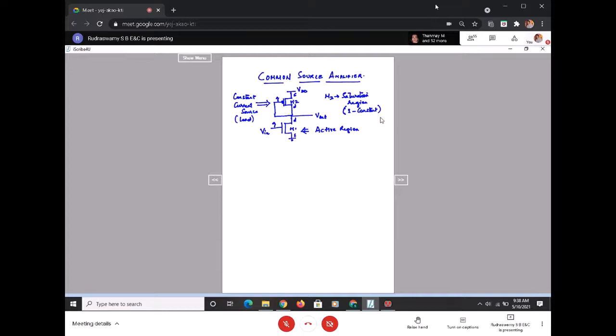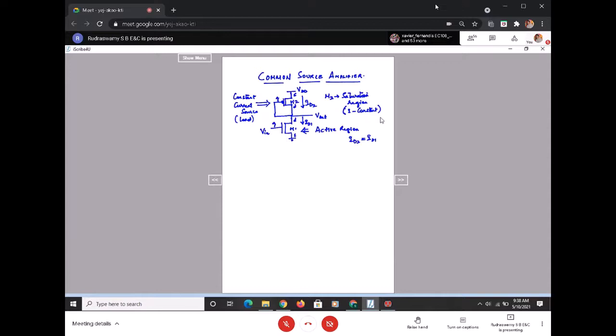Also we ensured that the current flowing through M2, which I call ID2, is a constant. Since M1 is in series, the current flowing through M1 is ID1, so we can say that ID1 is equal to ID2. So this is what we have.